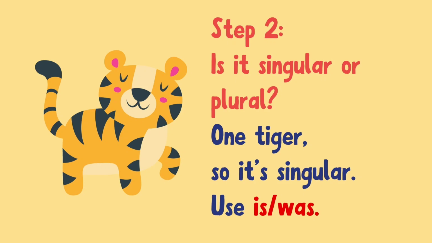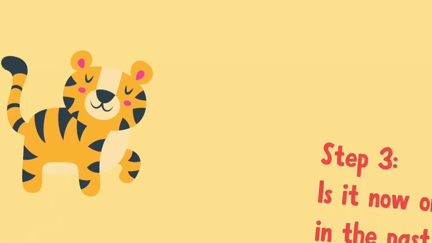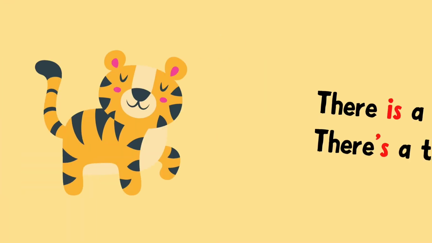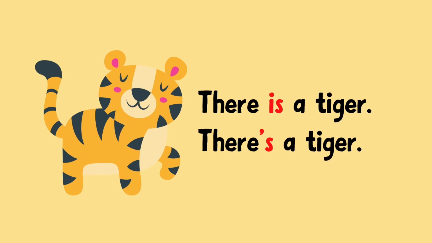We can see one tiger, so it's singular. Singular, we use is or was. And step 3, is it now or in the past? You want it to be now, so we use is. So the sentence is, there is a tiger or there's a tiger.